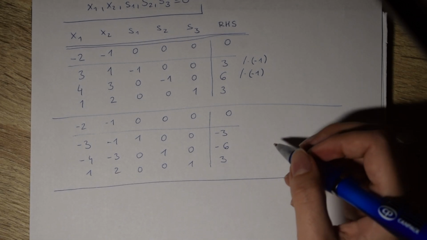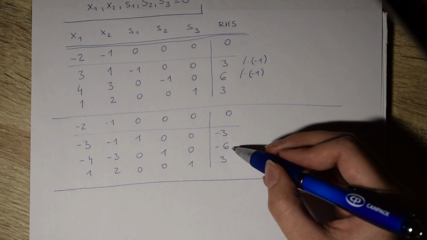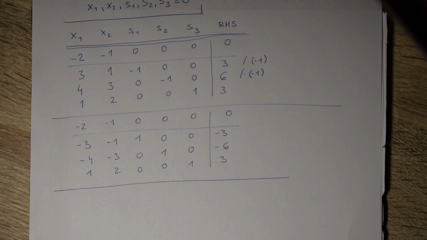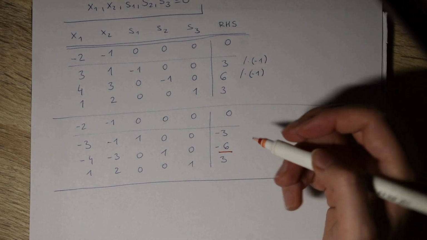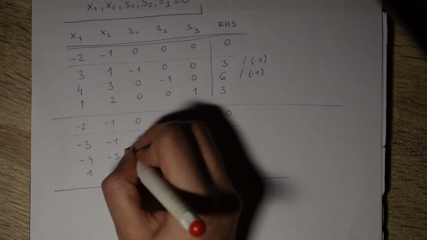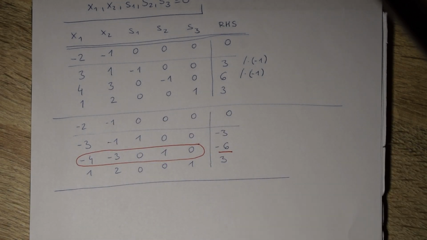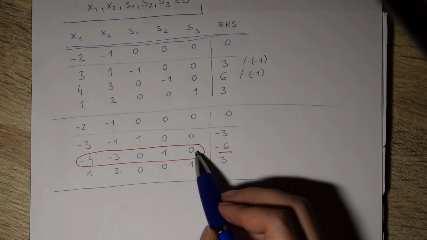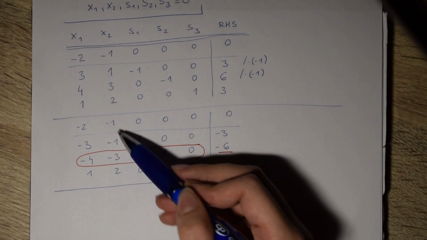Now we will find the most negative value from RHS. It is minus 6, so we mark the whole row. We consider only negative values, and for them we count the ratio of the first row and the third in absolute value.